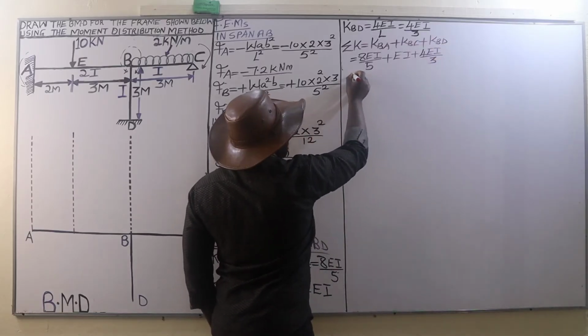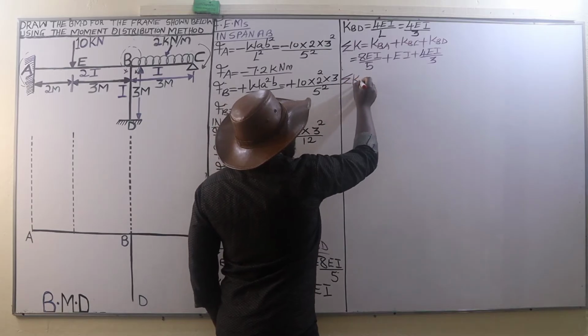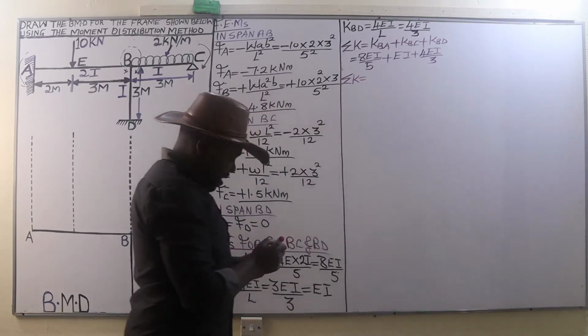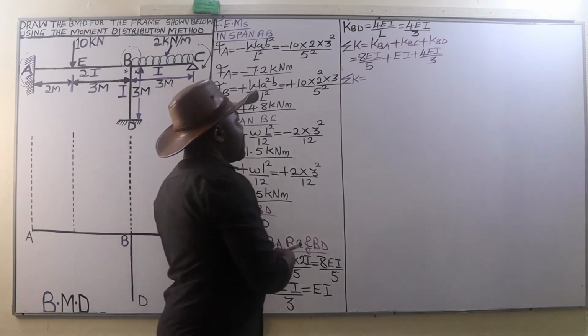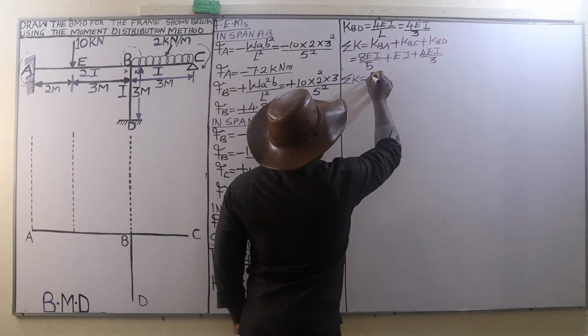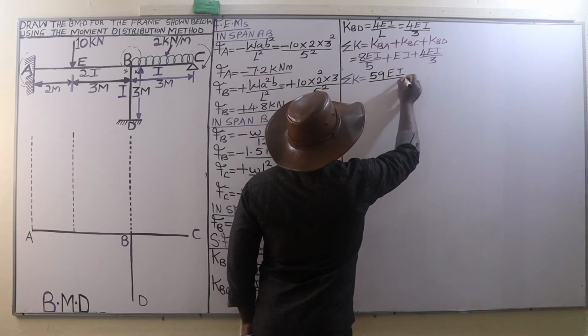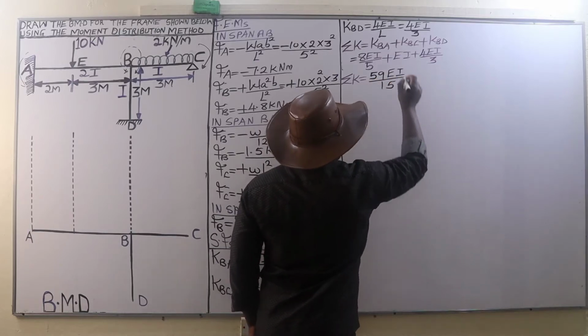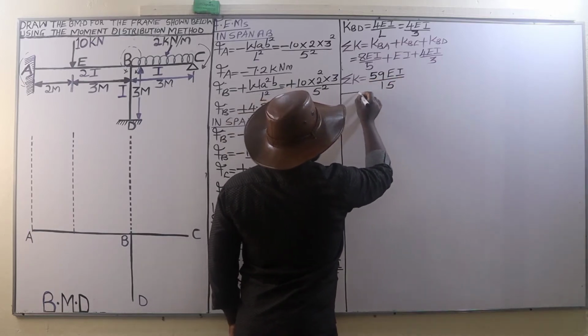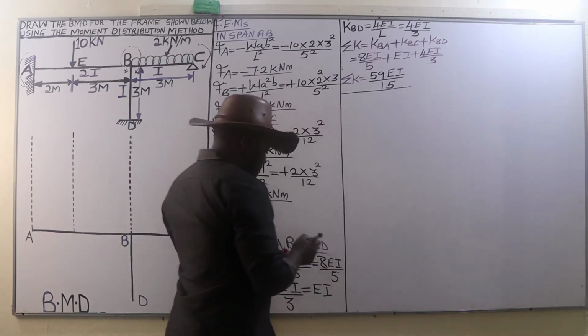When we add the 3 stiffness factors, they give us a total of 59EI divided by 15. So that is the summation of stiffness factors.